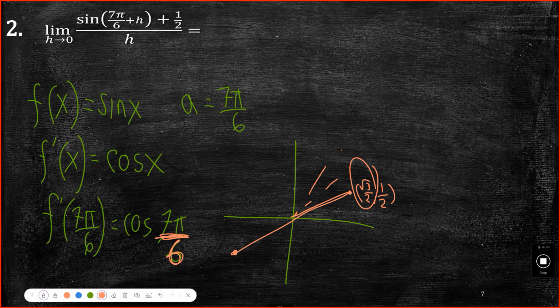You don't get it? It shouldn't be square root 3 over 2? I think it's square root 3. Somebody's not believing my stories. Let me erase this and start over.